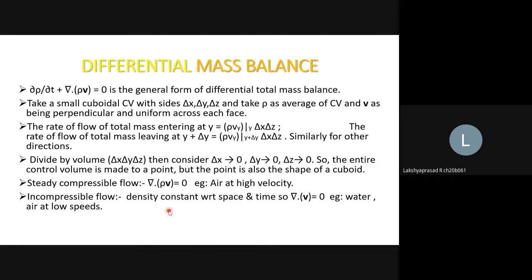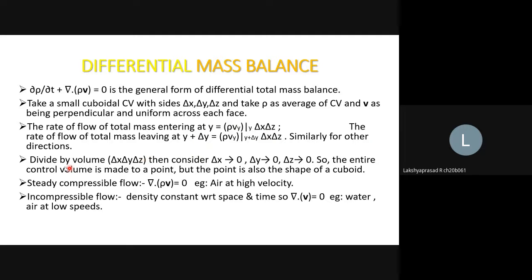Take a small cuboidal control volume as shown, and take rho as the average over the control volume and velocity as being perpendicular and uniform across each of the 6 faces. The rate of flow of total mass which enters at y is written like this, and the rate of flow of total mass leaving at y plus delta y is the same quantity evaluated at y plus delta y. Similarly, in the other directions, we can write down the net mass flow rate.